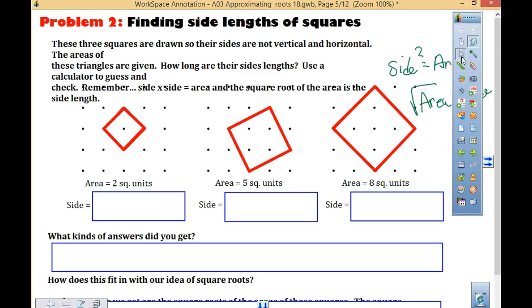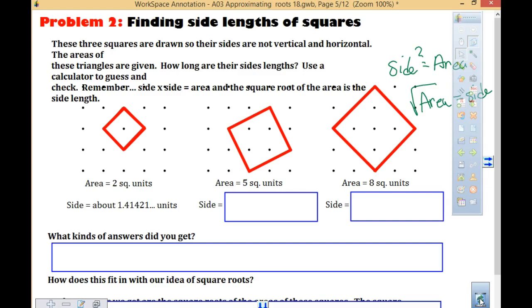For that first one, I should be writing in, using your calculator, about 1, put what shows up on your calculator, okay? We're going to do that next one. So please use your calculator and write them down.